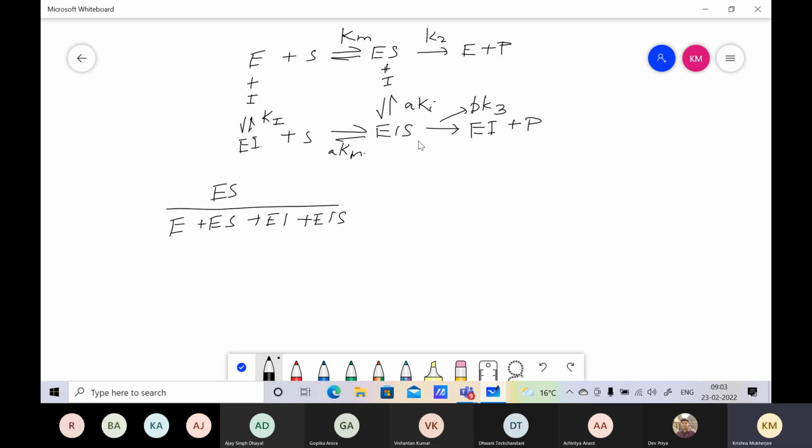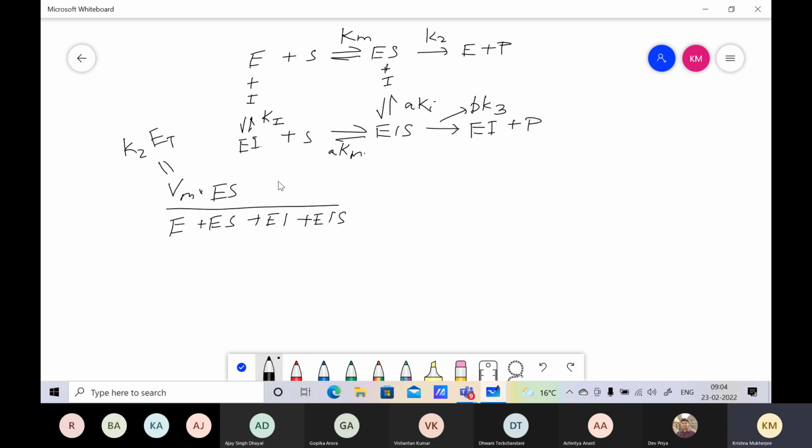And this fractional saturation into Vmax would be the rate of reaction, where Vmax is nothing but K2 into ET.